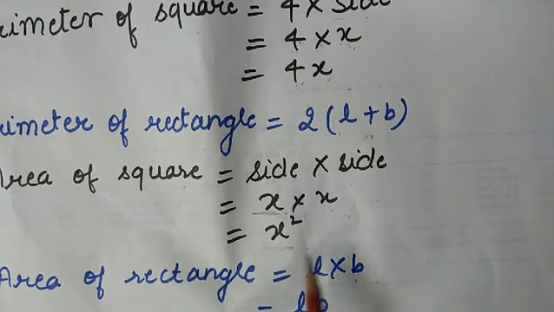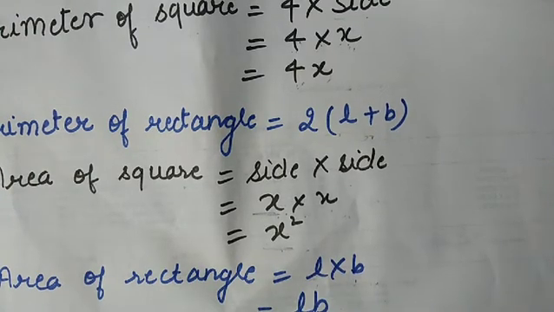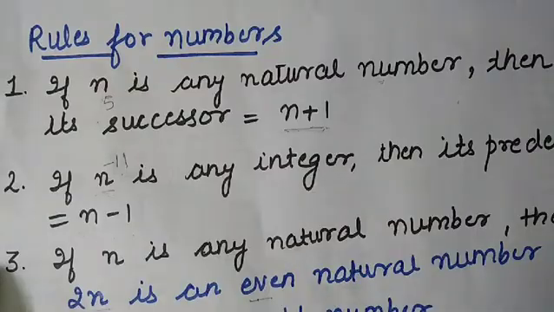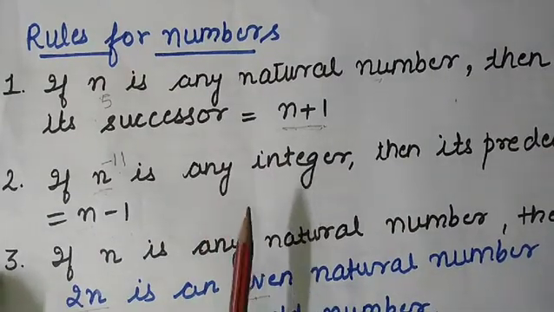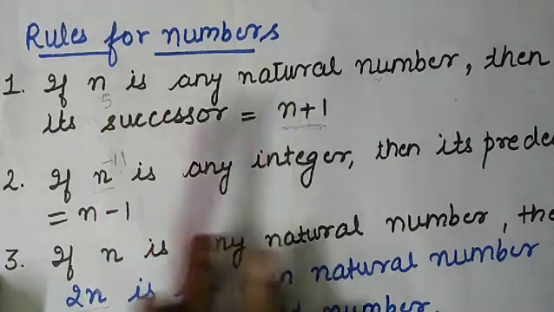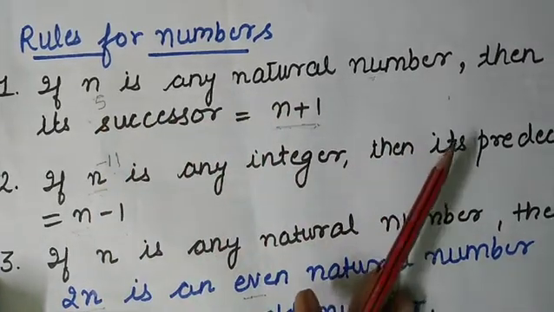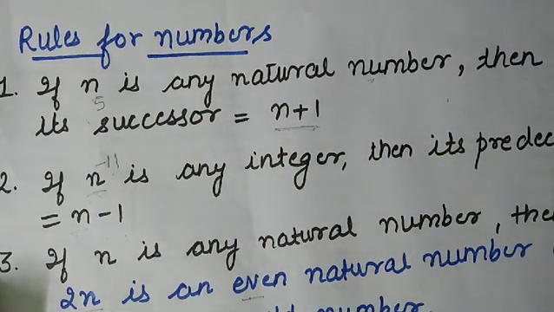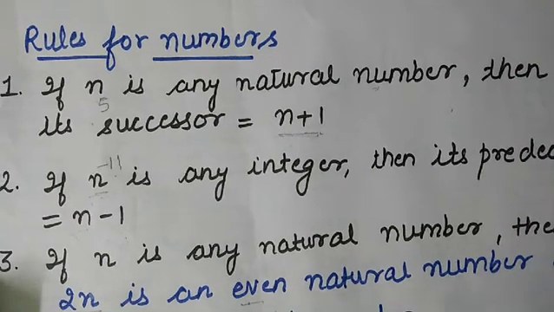Now let us learn some rules for numbers. Let us take the first rule: if n is any natural number, then its successor will be n plus 1. Let us understand this with an example.